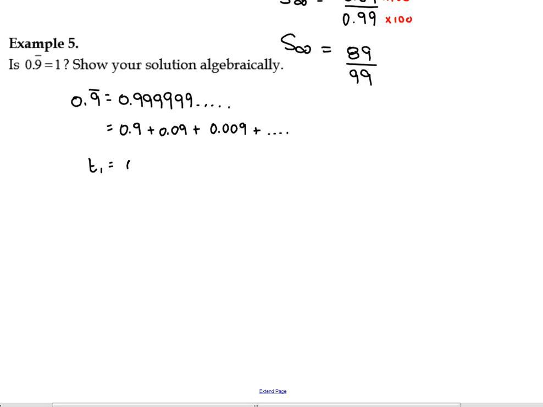Term 1 is 0.9. What would be the common ratio? What's term 2 divided by term 1 equal to? 0.1, 1/10, which is convergent. So let's find the infinite sum. Term 1, 0.9, divided by 1 minus our common ratio of 0.1.